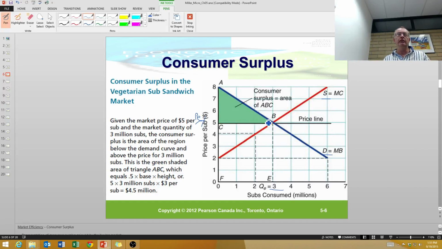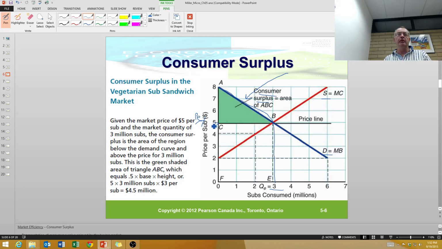So if all the consumers pay the same price, the difference between the horizontal price line and the demand curve represents this consumer surplus. The area under the demand curve up to the quantity represents the amount of revenue that the vendor would receive if he practiced price discrimination.